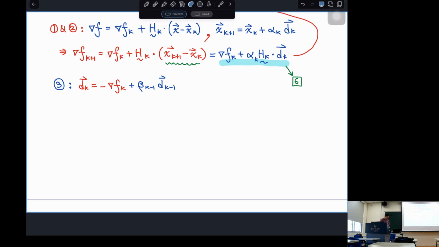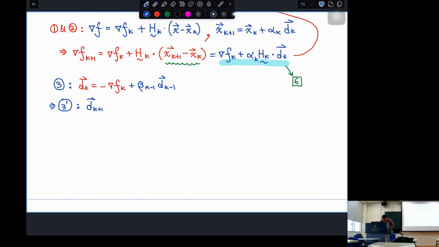Okay, so what can we do with equation 3? So this is equation 3. This is valid for all the index k. So actually, we can have an equation 3 prime, which is dk plus 1.